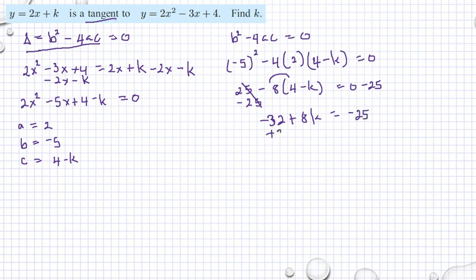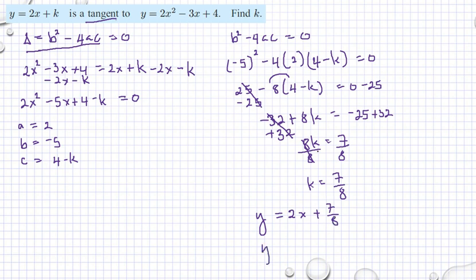If we add 7 to both sides, then 8k is equal to 7. Then if we divide both sides of the equation by 8, our k will be 7/8. So our function is y is equal to 2x plus 7/8, or y is equal to 16x plus 7.